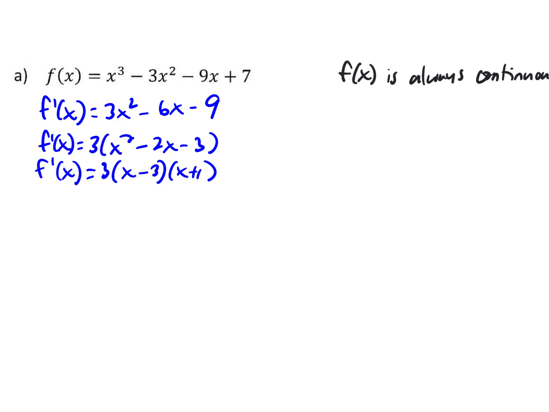And this would be a perfect example where you wouldn't be allowed to use a calculator. Okay. So what are the critical values that come out of this? When does this equal 0? What does x equal? 3 or -1? Those are my critical numbers.